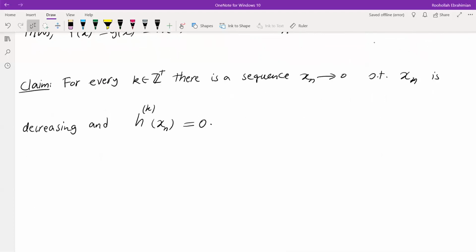Okay, so that's my claim. So I'm going to prove this claim. We will prove that by induction.